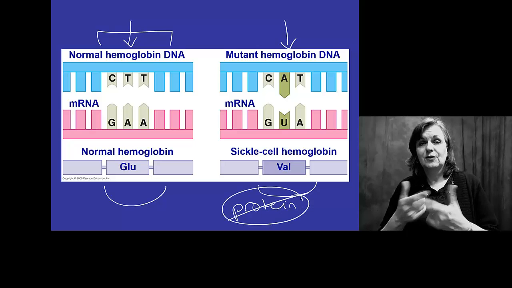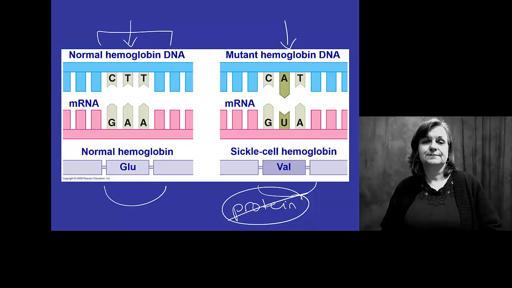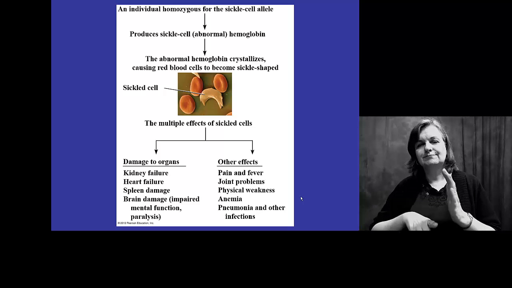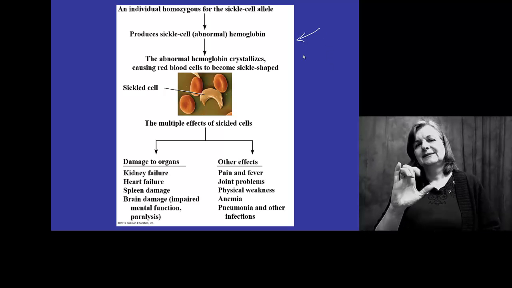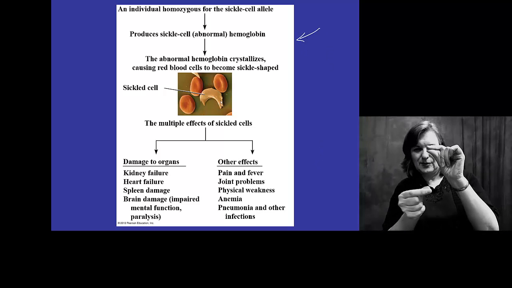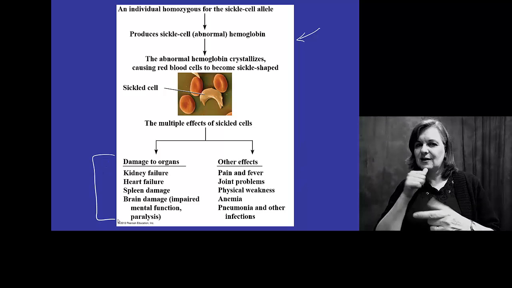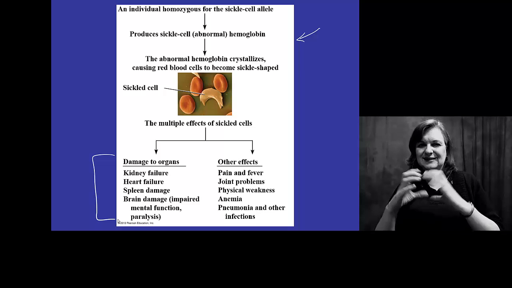When we produce the wrong protein, we develop sickle cell anemia. Okay, here's your sickle cell, so you can see it in the middle. Produces this abnormal hemoglobin protein, and we end up with abnormal cell shapes, and as we mentioned before, it can have all kinds of issues associated with organ damage.